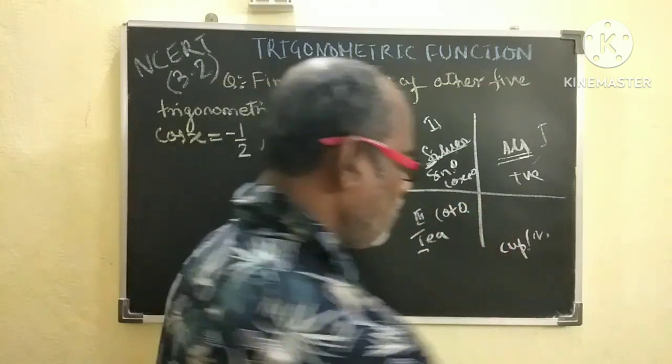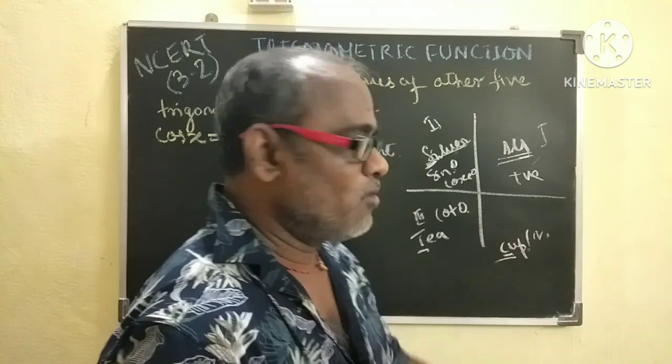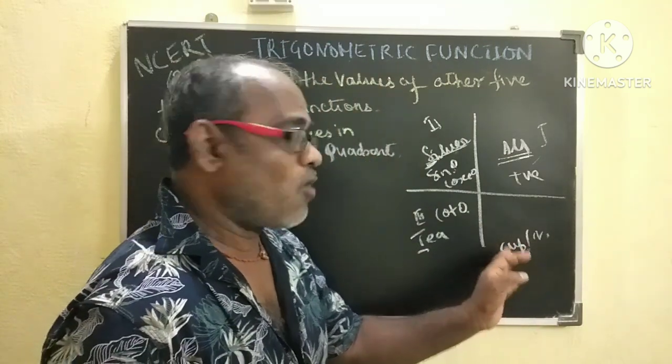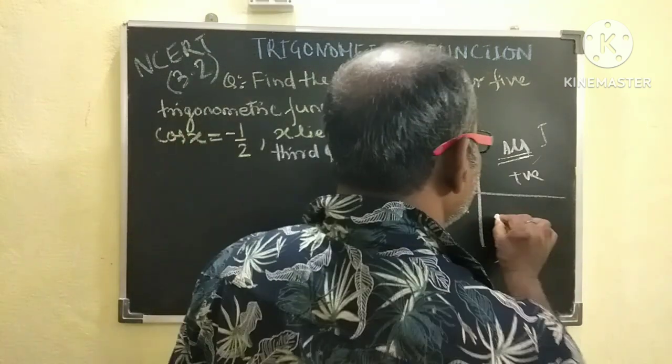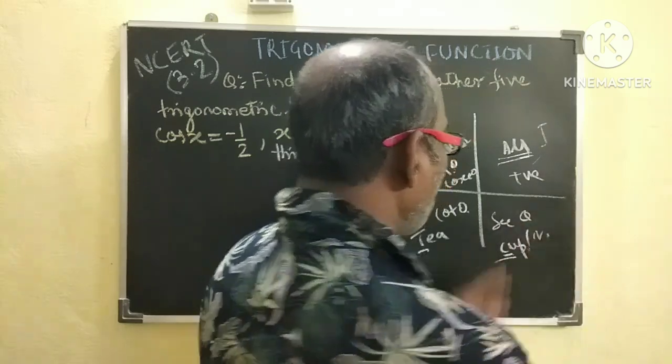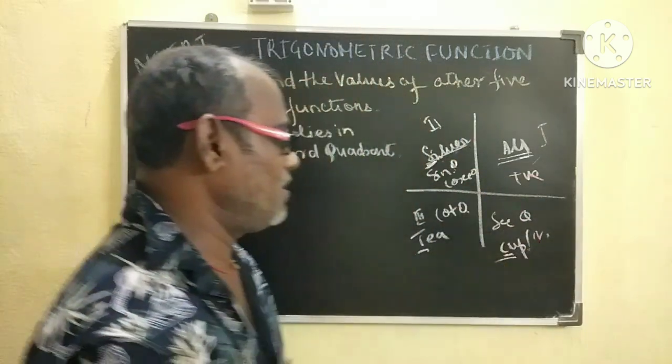And in the fourth, C for cup, C for cos: cos theta is positive and secant theta is positive. So all silver tea cups, you must remember.